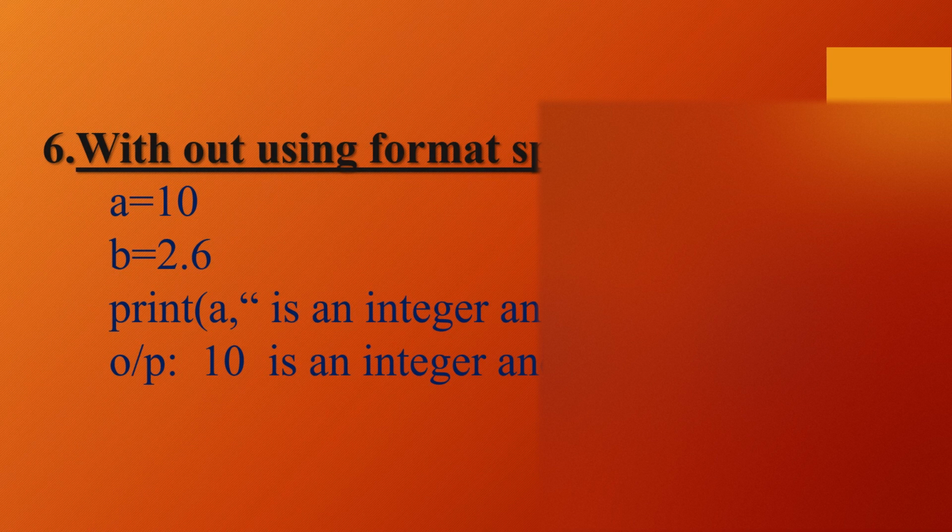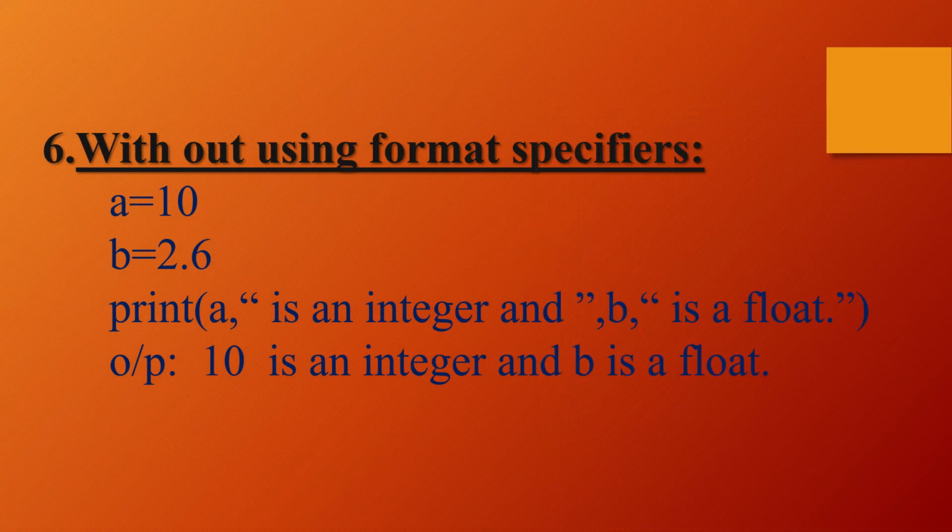Next, without using format specifiers. Without using this format specifiers also, we can get the same output. For example, if I take a is equal to 10, b is equal to 2.6, print of a comma in double quotes is an integer and space comma b comma in double quotes space is a float, full stop.